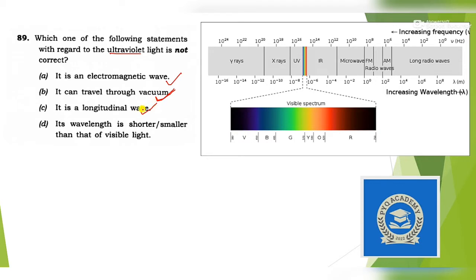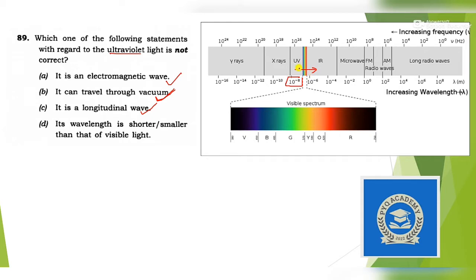And its wavelength is shorter or smaller than visible light. You can see here that going this way the wavelength increases.